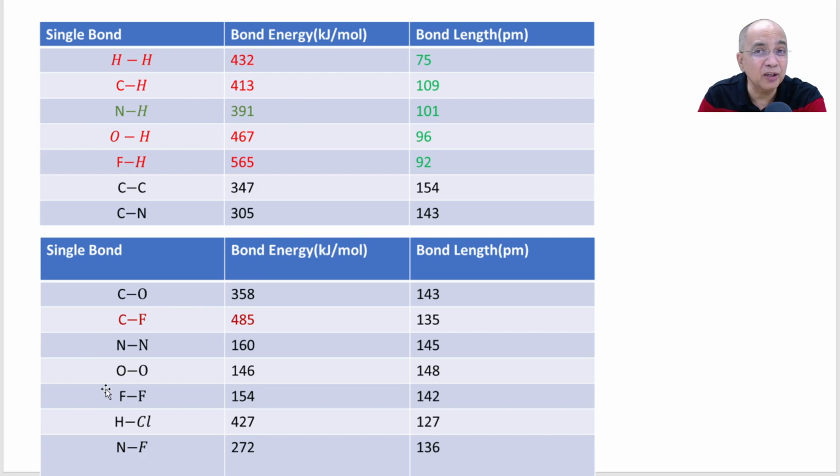And single bonds not involving hydrogen are weaker, except the CF bond, polarity factor. All others are 146, 154. HCl is 427, okay. NF is 272 because we'll discuss these reasons very soon.